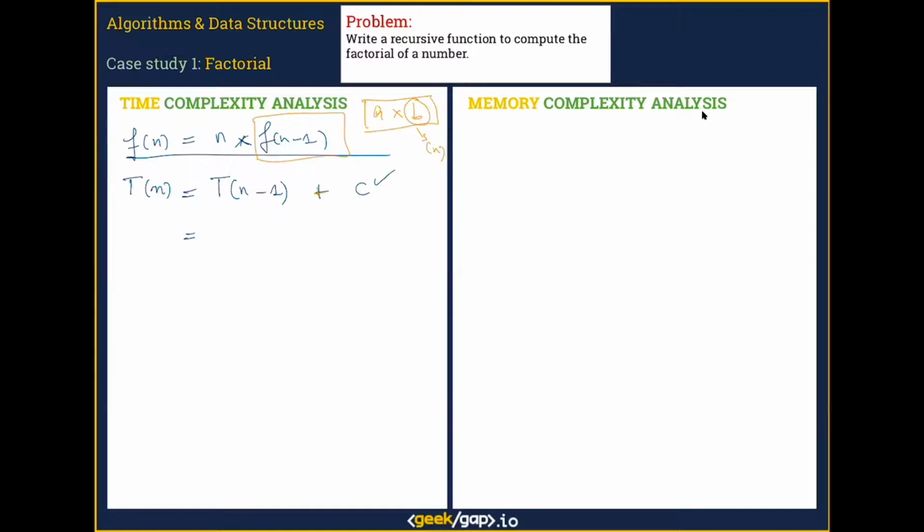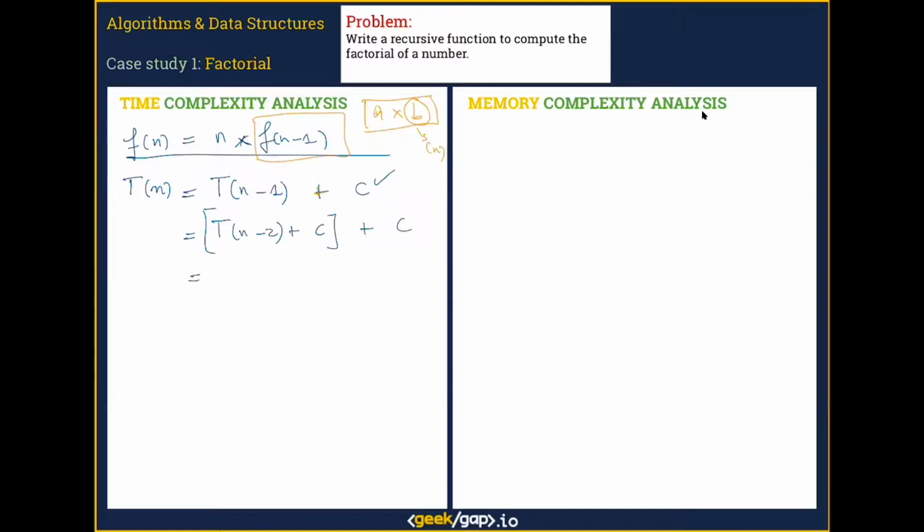And doing this by proxy, we can say the same thing for t of n minus 1. What can we say about it? It's t of n minus 2 plus c, plus another constant. It doesn't have to be the same, but for the sake of simplicity, we're going to just call it c as well.